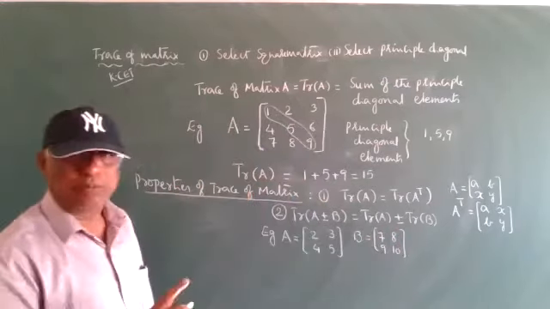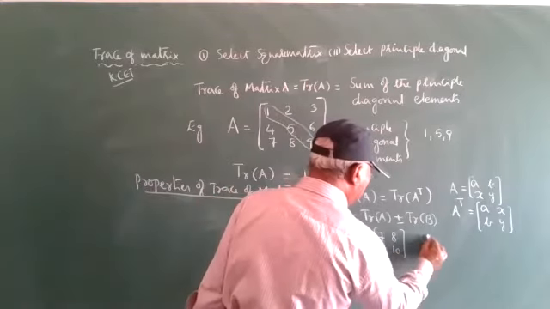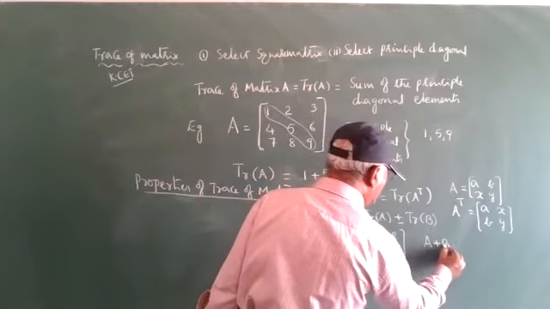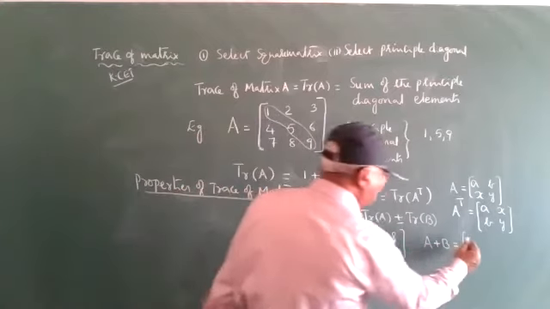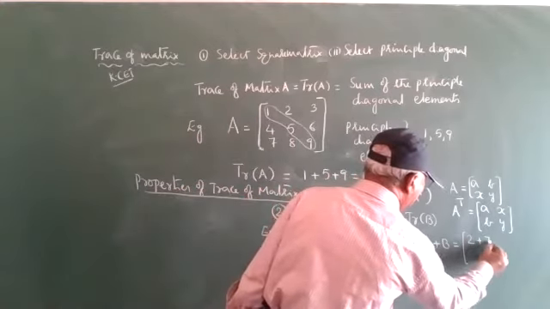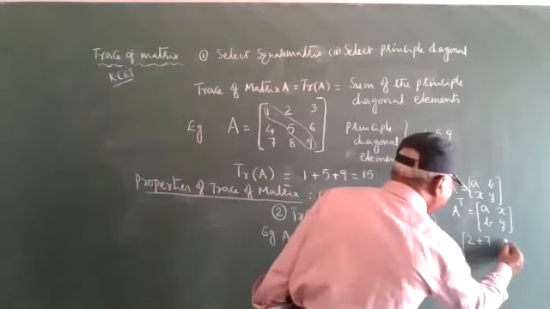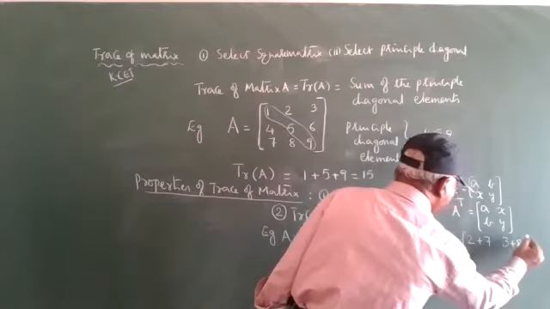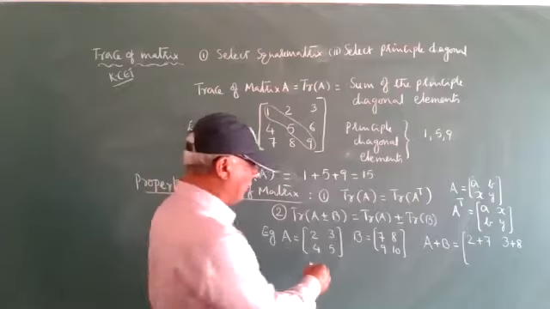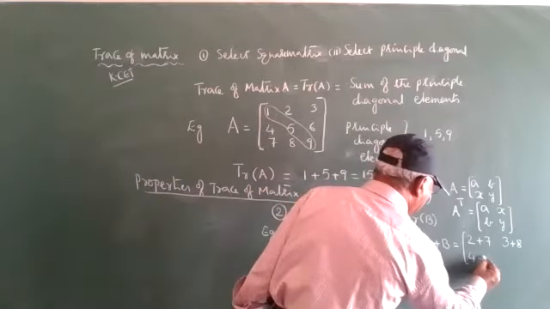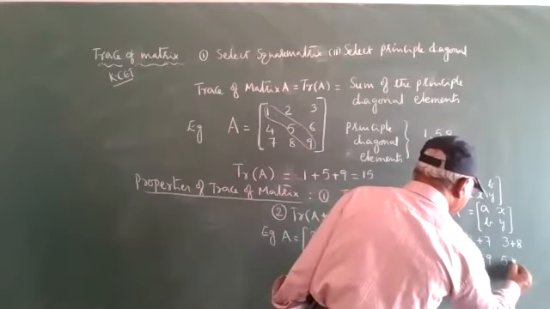A plus B is equal to first element with first element, 2 plus 7. Second element, 3 plus 8. Next, 4 plus 9. Fourth element, 5 plus 10.